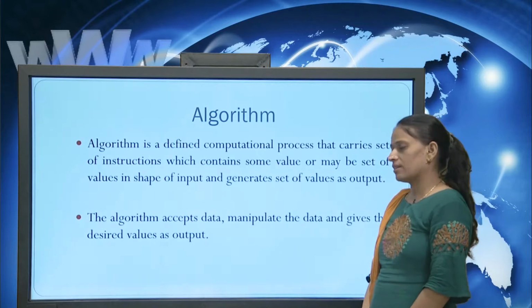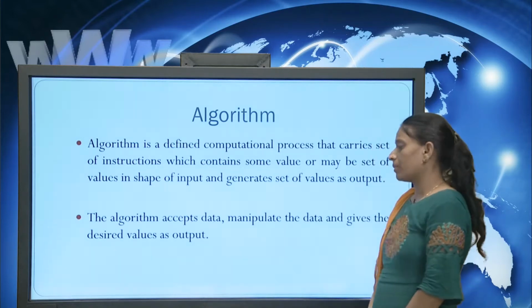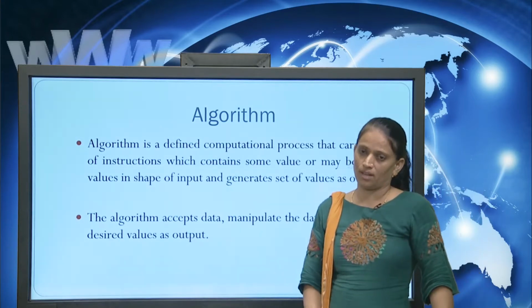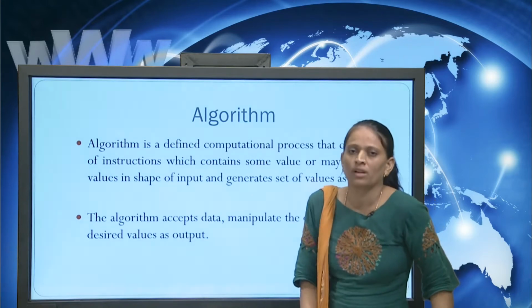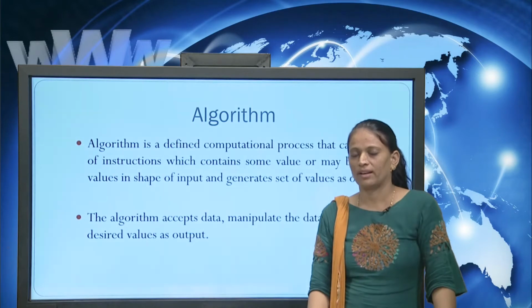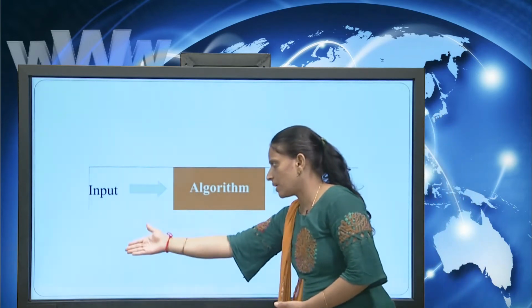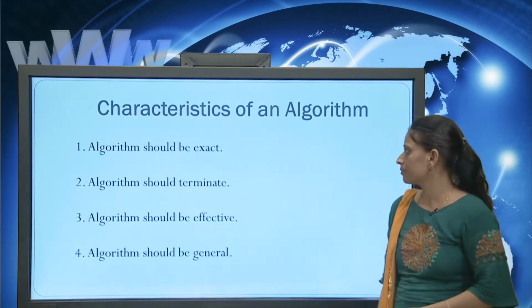The algorithm accepts the data, manipulates the data, and by manipulating that data it gives the desired value as an output. Whatever value we actually require as an output, we get at the end. So basically in an algorithm, we pass some input and finally we get some output.